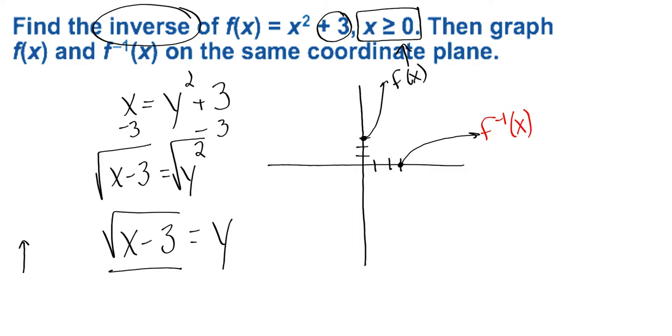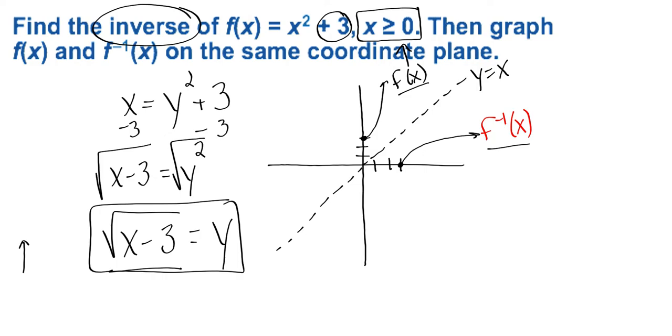And since they're inverses, remember, they should be reflections of each other over that y equals x line, which looks like they are pretty good. Okay? So I have my normal function graphed, and I have my inverse function graphed on the same plane, and they follow the rule of inverses. Okay? And if you wanted to, you could write it like this.